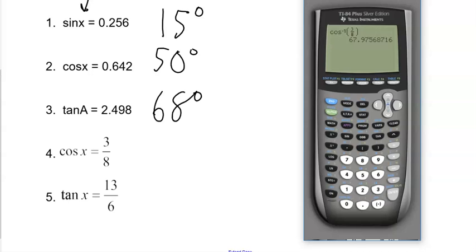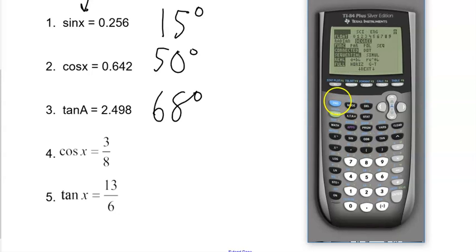Another thing you can do, you can put the decimal in, divide 3 by 8. This is extra work. With 0.375, and you could do that. Second cosine, that board is not being cooperative. Second cosine and put in 0.375, just like we did before with decimals.